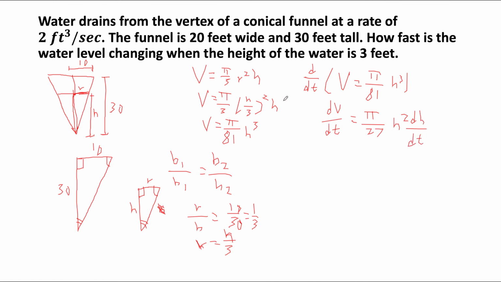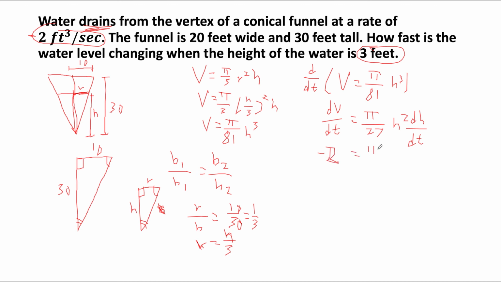And from here, we know that dV/dt is 2 feet per second, but actually it says that the water is draining from the vertex of the cone, so it is negative 2 feet per second because the volume is decreasing at that rate. We also know that the height is 3 feet, so we have everything we need to solve for dh/dt.